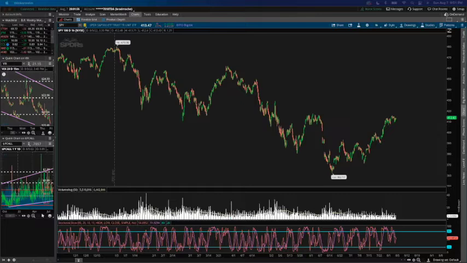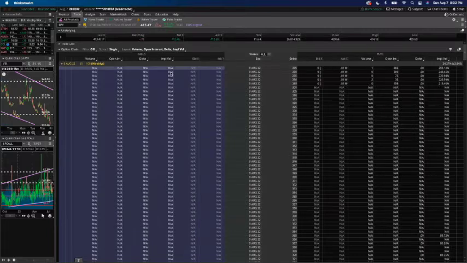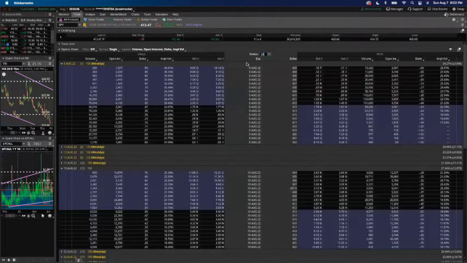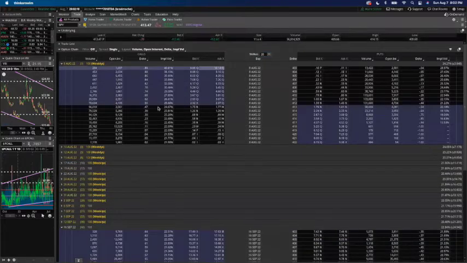Okay, so we're just going to get started. The first thing we want to do when we're looking for contracts in options is figure out what type of trade we're looking to do.